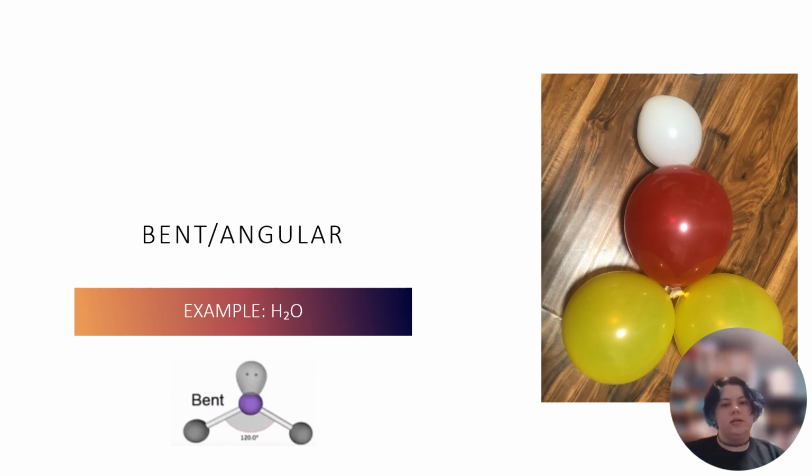A good example is H2O or water. It's got a tetrahedral electron domain geometry due to there being 4 areas of electron density, where there's 2 bonds and 2 lone pairs, but the molecular geometry is bent, which is different from the previous.